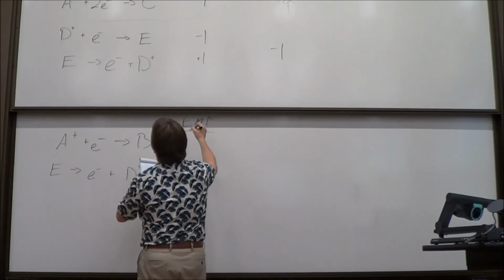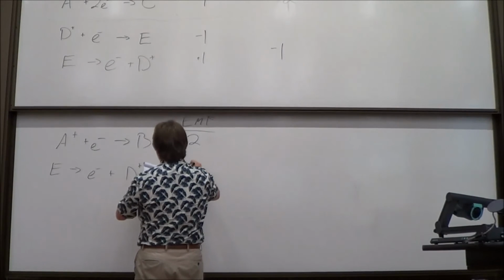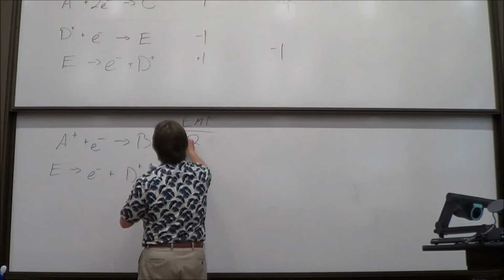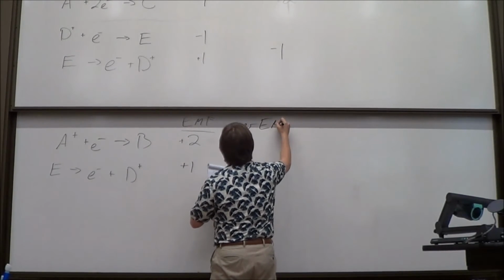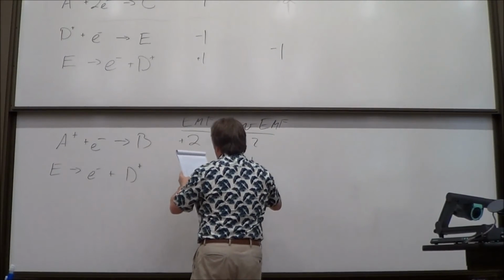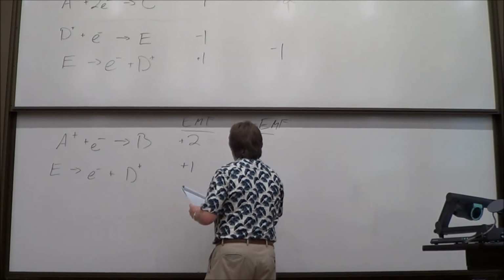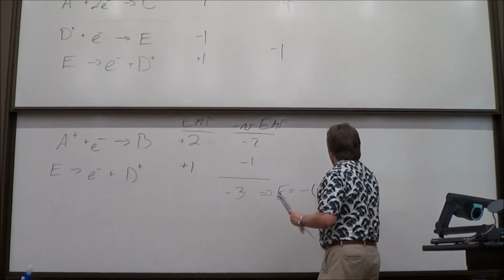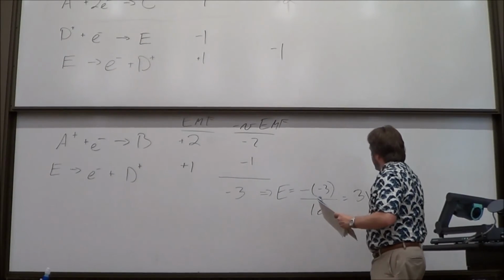Okay, I have not done anything with this. That's still 2. This is +1, +2, +1, minus this times the EMF, which is delta G, would be -2, -1, which ends up being -3, and therefore the voltage is -3 over 1 electron, by the way, which is 3 volts.